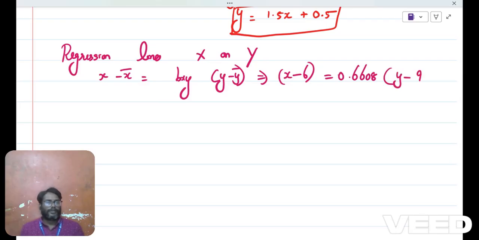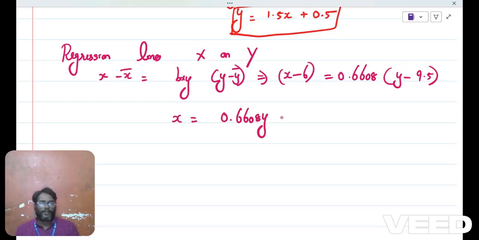Y bar is 9.5. So you will get x is equal to 0.6608y minus 0.6608 into 9.5 plus 6.